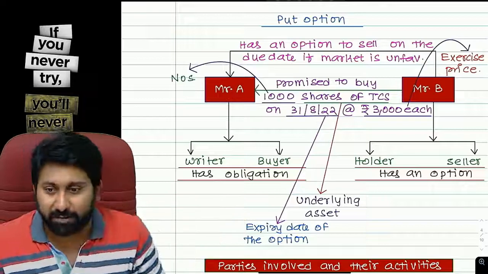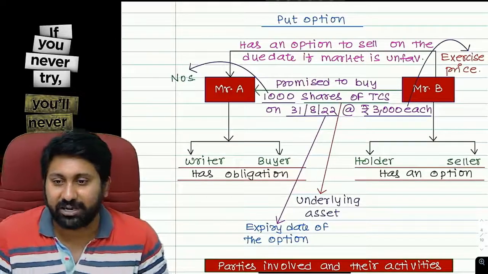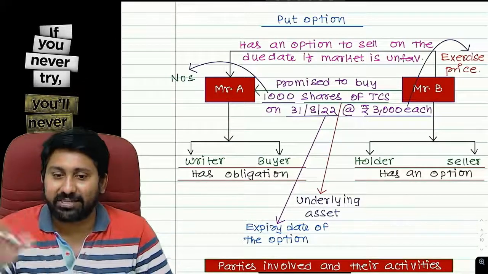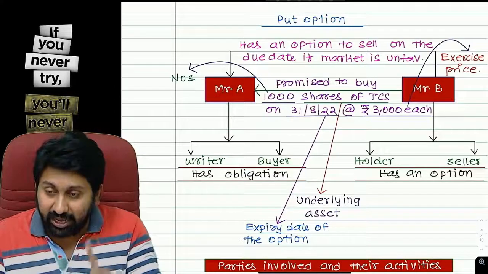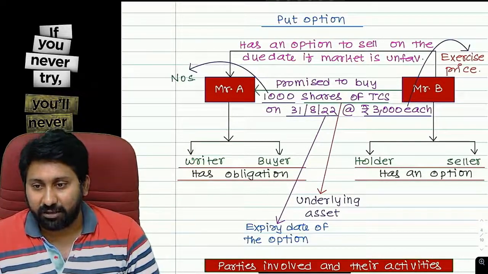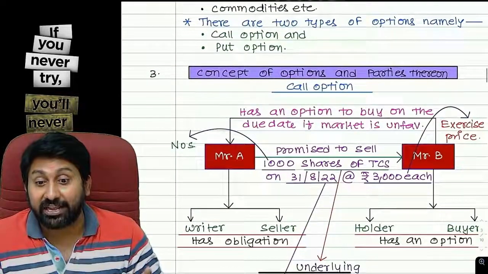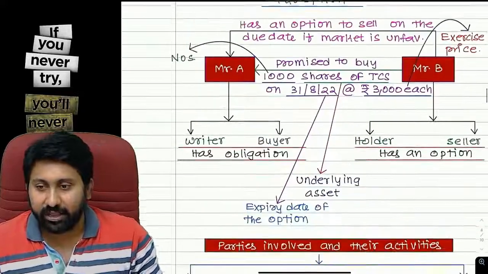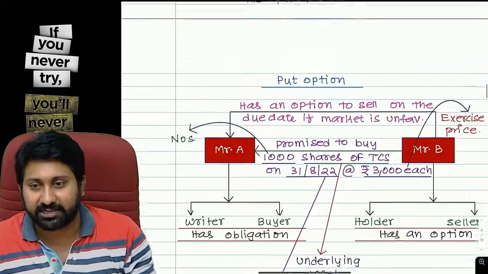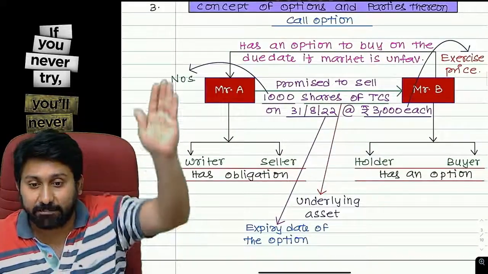But you said you will buy at 3000, so you buy now at 3000 and I will sell to you. Here I have protection from a fall in prices; in the call option I have protection from a rise in prices.